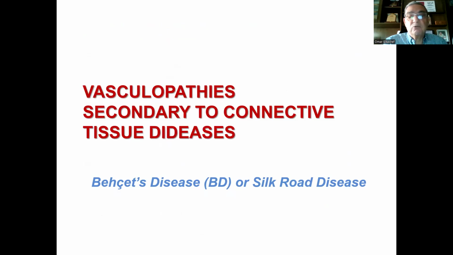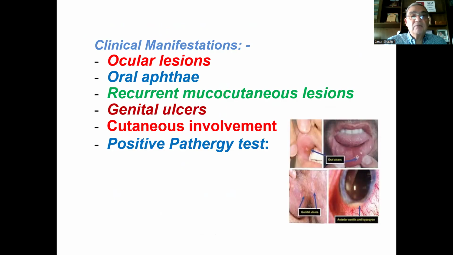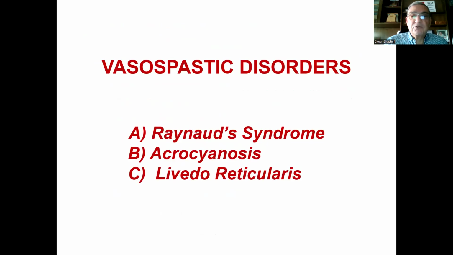Vasculopathy secondary to connective tissue disease, such as Behçet disease or Silk Road disease, may be a conflicting item, but in Behçet there is ocular lesion, recurrent mucocutaneous lesion, genital ulcer, cutaneous involvement, and a positive pathergy test. Vasospastic disorders such as Raynaud's disease, acrocyanosis, and livedo reticularis may be conflicting diagnoses.